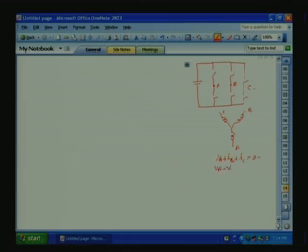VA plus VB plus VC is equal to 0. Now, these are bidirectional switches. Diodes will be there, that I have not marked before, just for clarity.